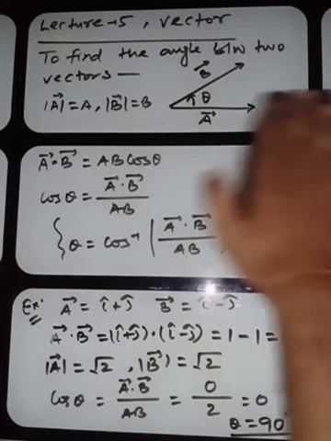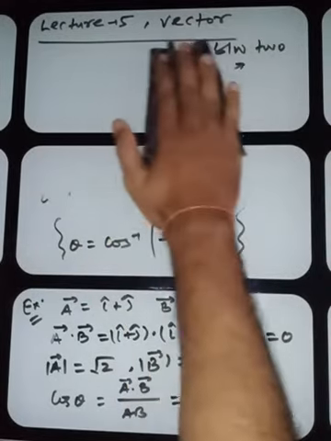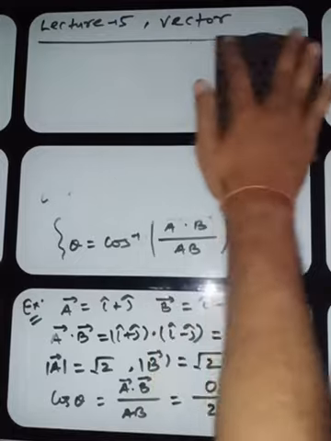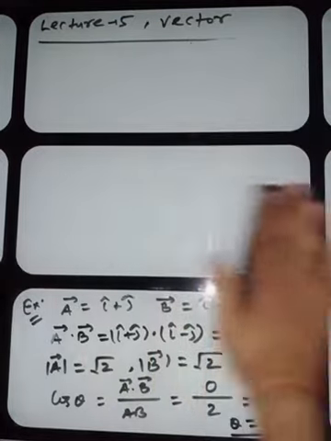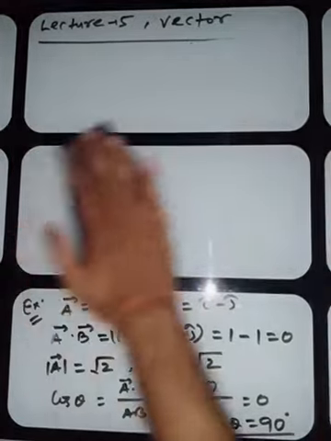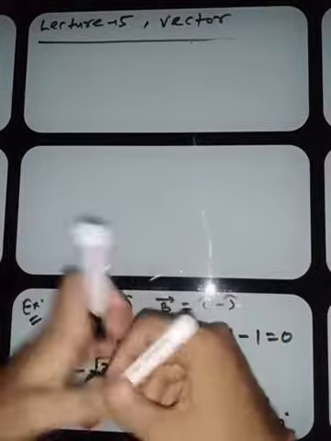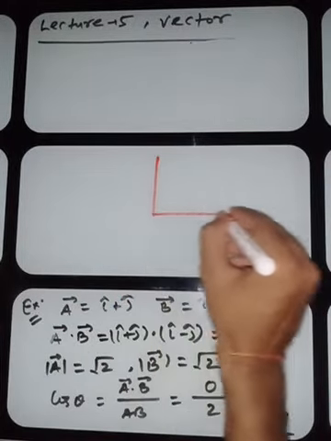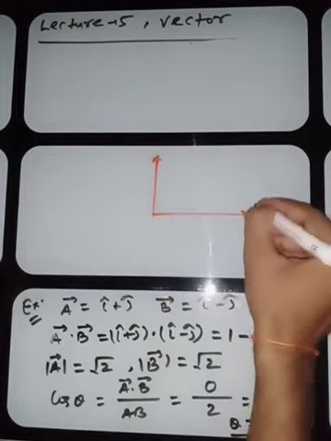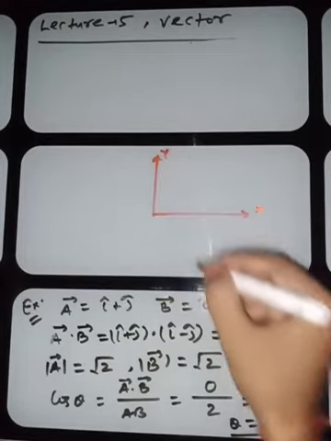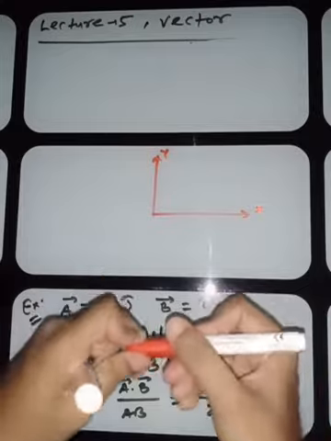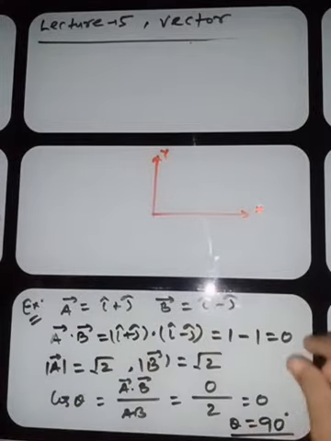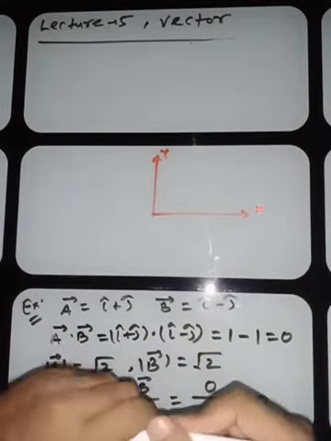How? Look here. As I told you, it is very important to visualize the vectors whenever you are studying. Suppose this is our axes, x and y. Now I'm going to represent i plus j and i minus j.